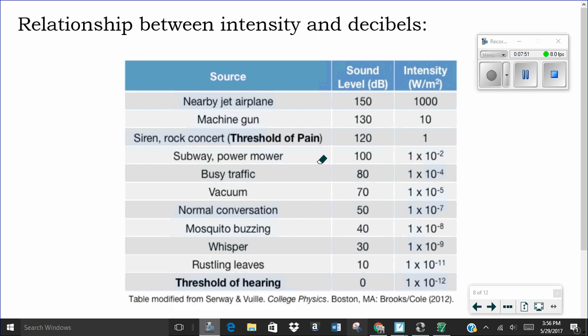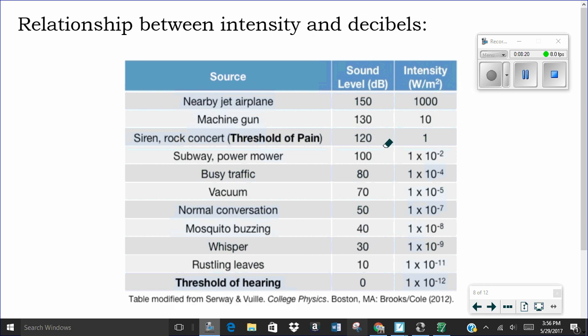And I can go all the way up to a nearby jet airplane. Nearby jet airplane has a sound level of 150 decibels. That's why when you go to the airport, you'll always see the flight control people on the runway have headphones on. And that corresponding intensity is 1,000 watts per meter squared, pretty intense. So if you look here, rock concert, this is really interesting.